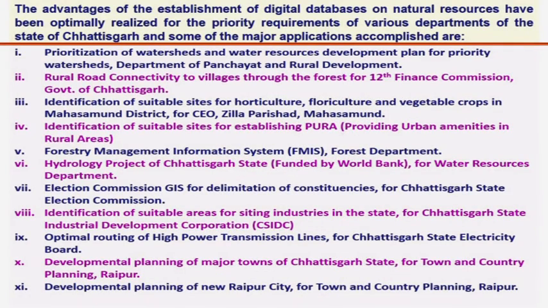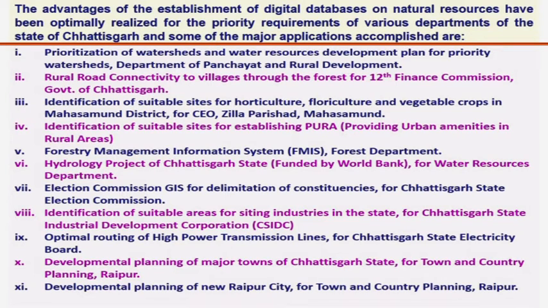Similarly, while developing this database, the state could very effectively use it for identifying alternate or suitable sites for horticulture, suitable sites for new industry development, and the new township of Naya Raipur has extensively used this database to identify the new township which is coming. Naya Raipur city, the new capital of Chhattisgarh, is based on that, and the town planning of most of the small towns has also used these data sets for planning purposes.